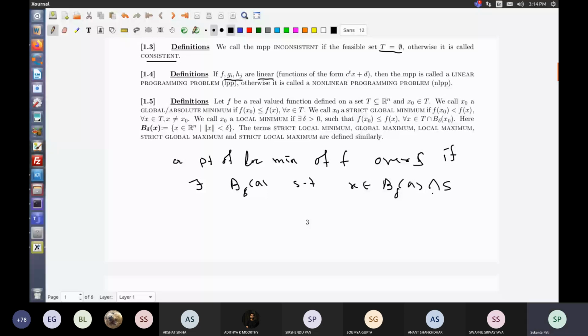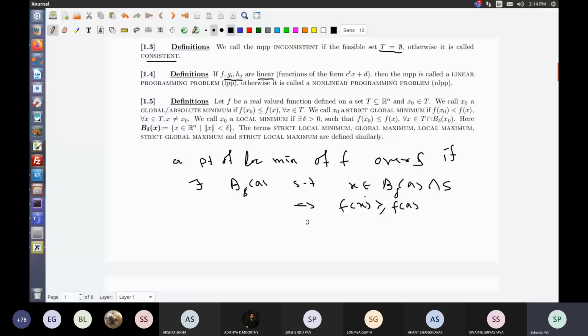That is a local minimum. Then you have the definition of absolute minimum, where delta is kind of infinite. Similarly you have strict local minimum, strict local maximum, everything.